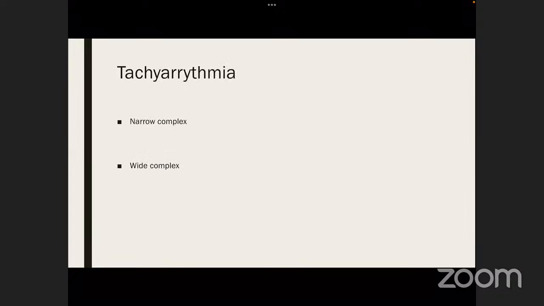So I'm going to start with the tachyarrhythmia. As I said, we have narrow complex, or also you can call it supraventricular tachyarrhythmia, or the ventricular arrhythmia, the wide complex.